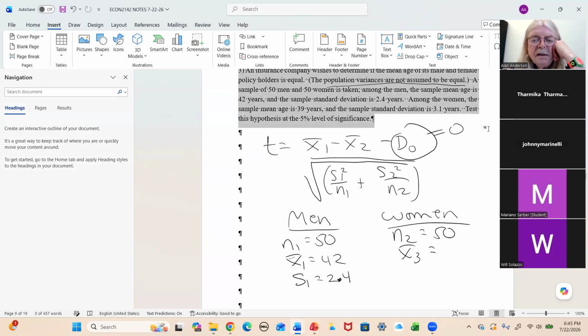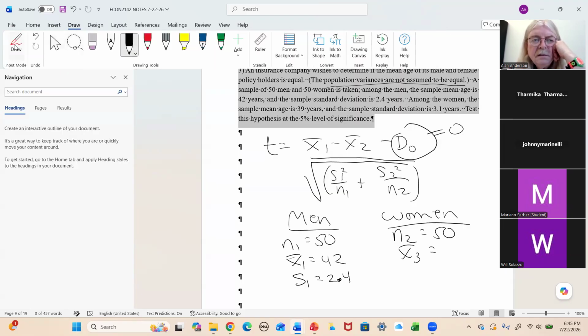Now, what about the women? The X2 bar, there it is. It's 39. And the sample standard deviation is 3.1. There we go.